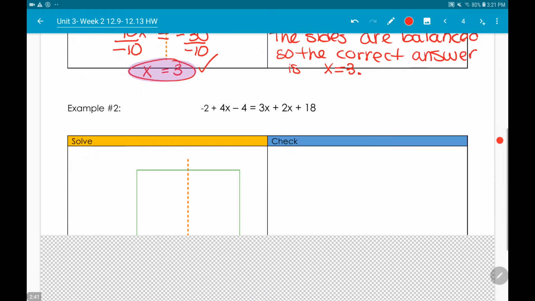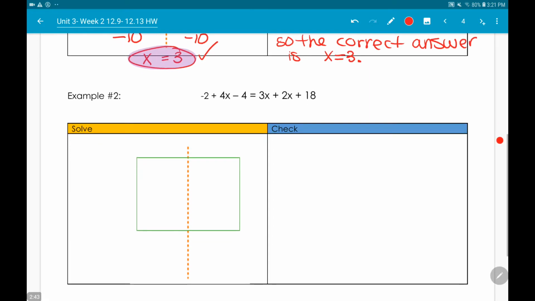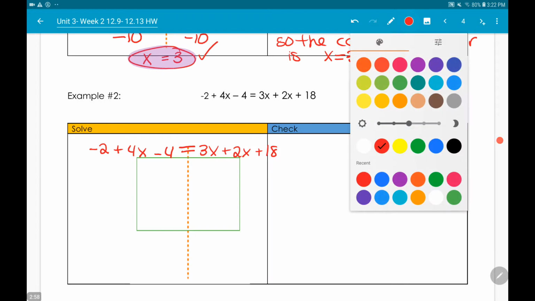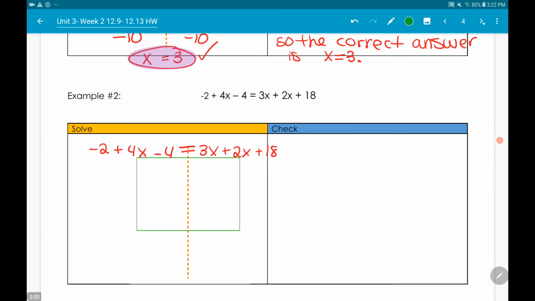All right, let's do one more of those. So before I begin this one, I'm going to set up my equation with my equal sign. All right, and we have variables, numbers.